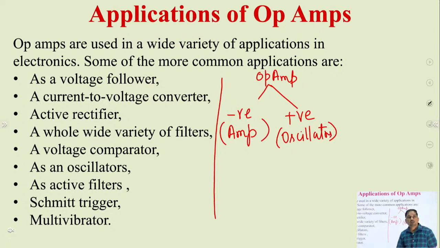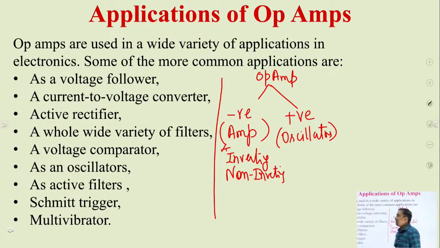In negative feedback, we have several types of amplifiers like the inverting amplifier, non-inverting amplifier.